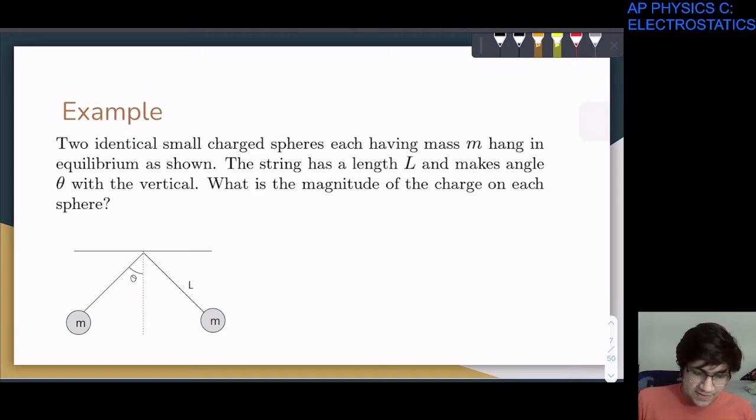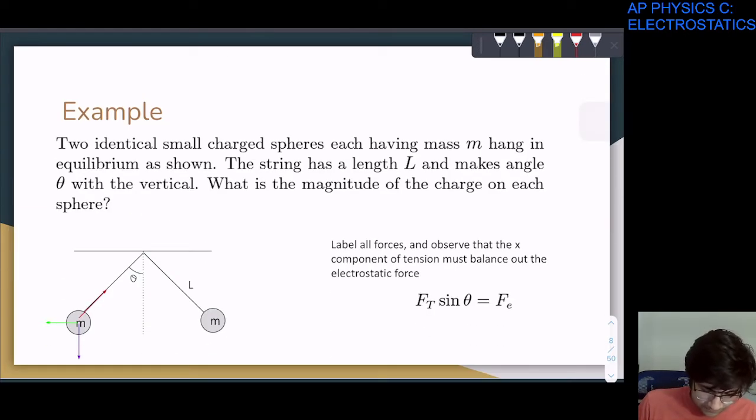Well, it's because you have this string that's preventing that from happening. In fact, I would argue that the tension in the string is preventing the masses from going infinitely far in both directions. That's the gist of what we're going to do here.